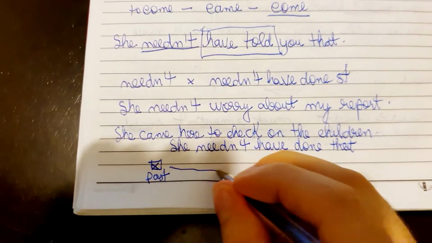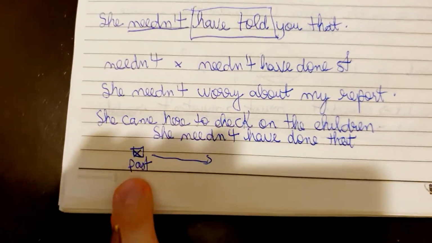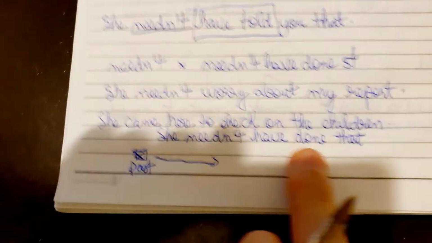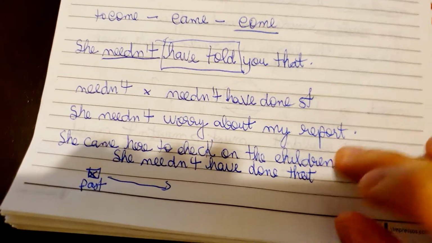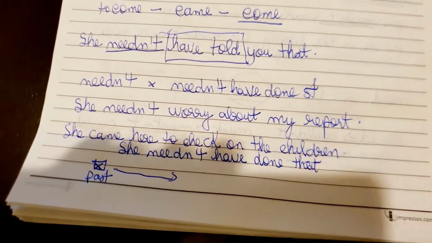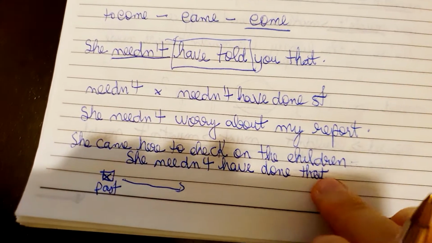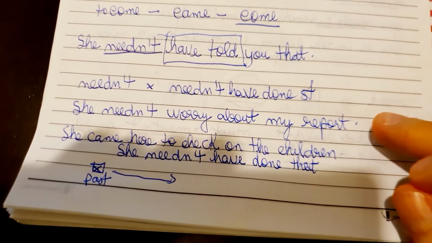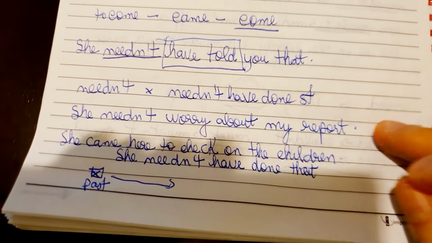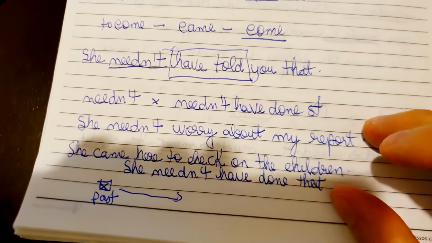And then later I say that it wasn't necessary. She did something in the past, but it wasn't necessary. Okay? She came here to check on the children, but it wasn't necessary. She needn't have done that. And here, I just want to express an idea that something is not necessary. So it has different meanings, okay?